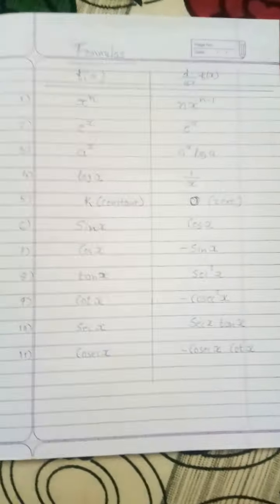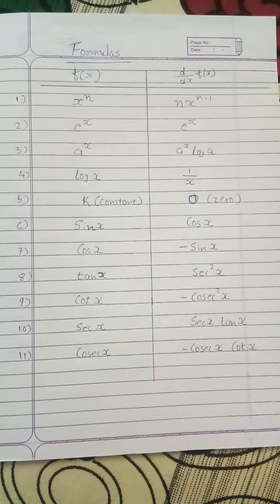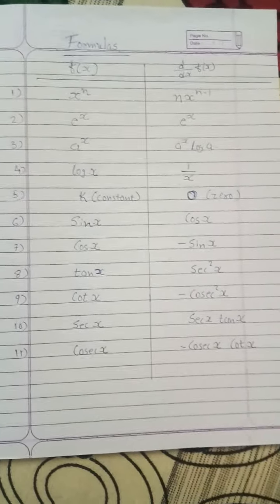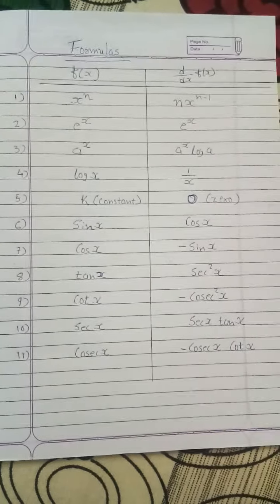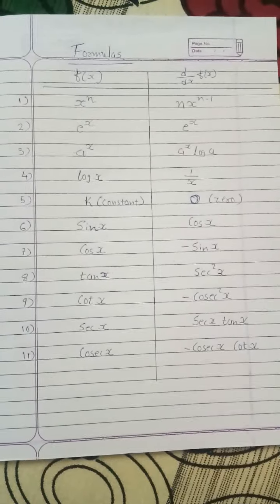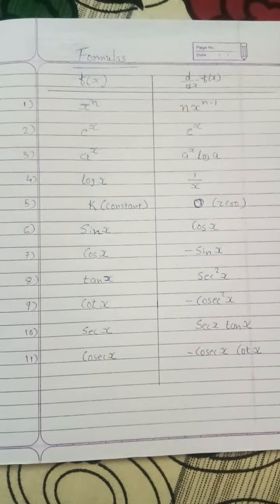See, these are some basic formulas that we will use in physics, and these formulas we have to remember. Generally 11 formulas are there that we will remember. Examples we are going to see in a few minutes.